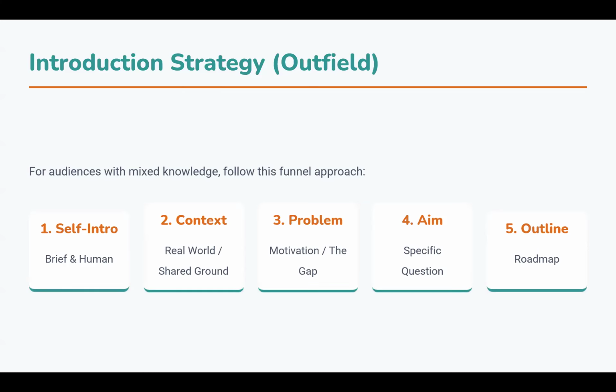And then you tell the context. You are going to say something about the real world because you are addressing the outfield, right? So it is the shared ground. So come from the real world to the specific world you are functioning in. Say, for example, as a researcher, when I reveal my context, I would say, as a researcher, it's the research that you all do know.